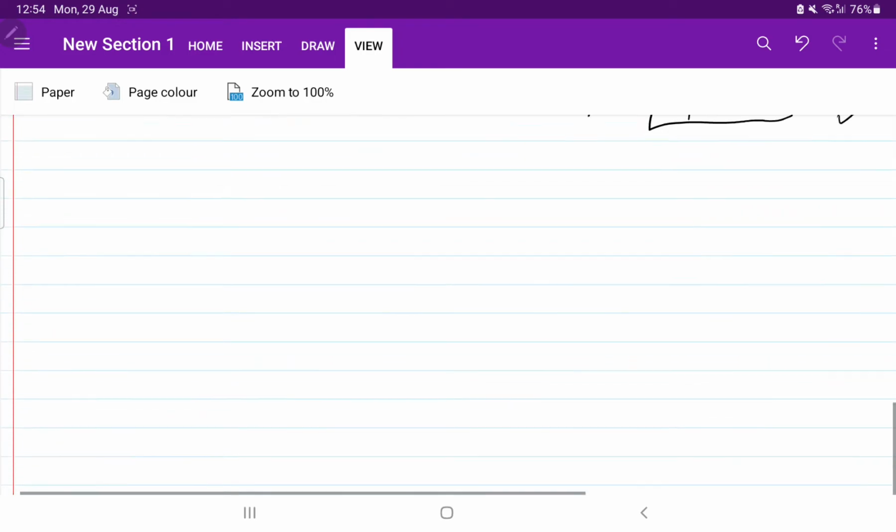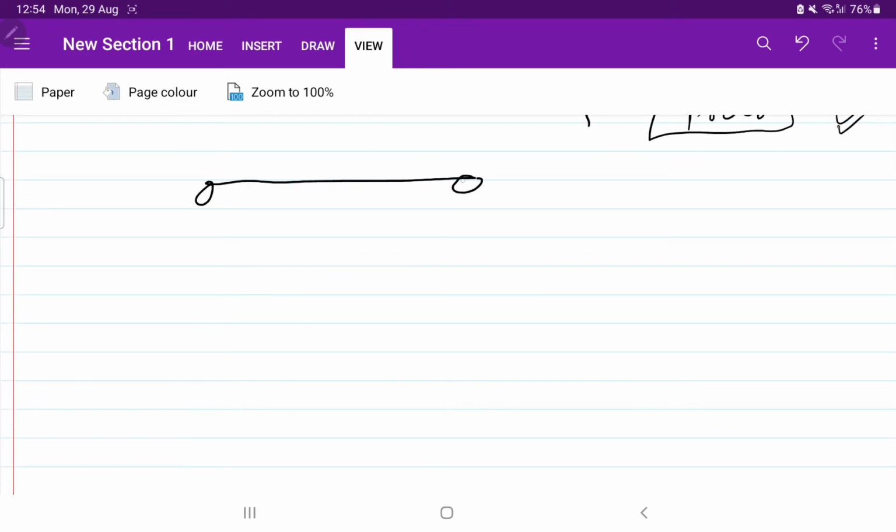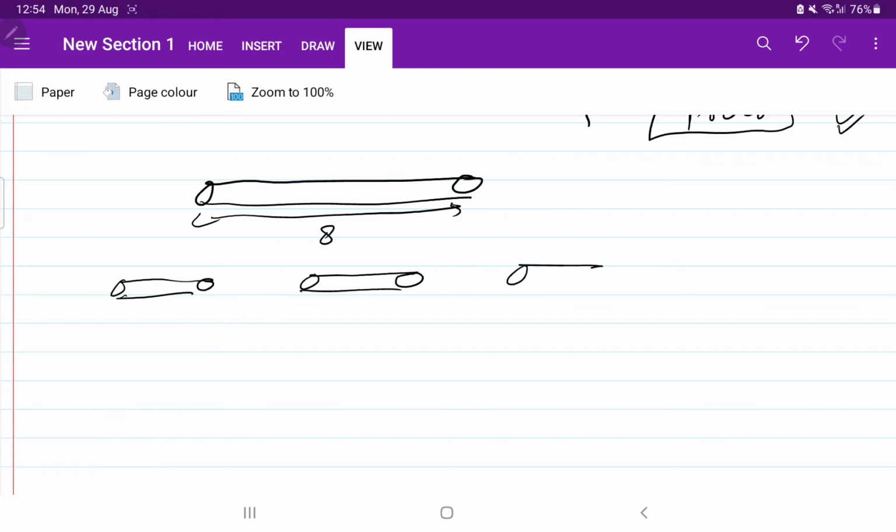Correct? So now I will tell you how this problem is related to the unbounded knapsack. One length was given of 8. So what we were doing, we can break this into pieces, and the piece sizes can repeat, like 1, 1 and 6.